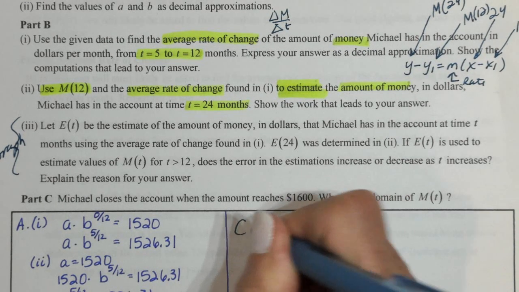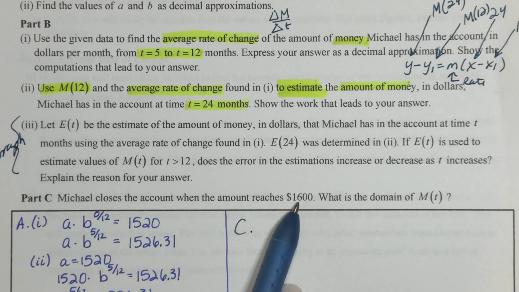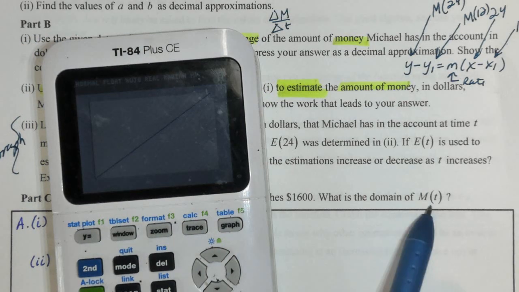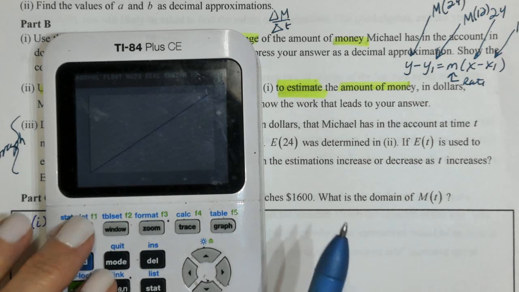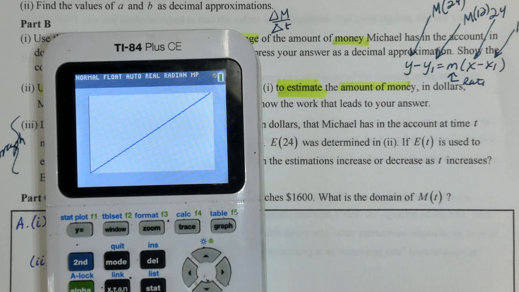Part C. Michael closes the account when the amount reaches 1600. Essentially, we need to find the time that that happens because we want the domain. So we want the time values. If he closes it at 1600, we need to find out when does this thing reach 1600.